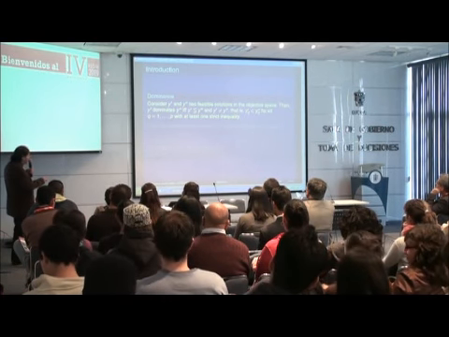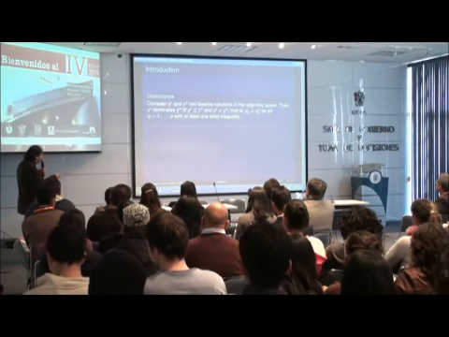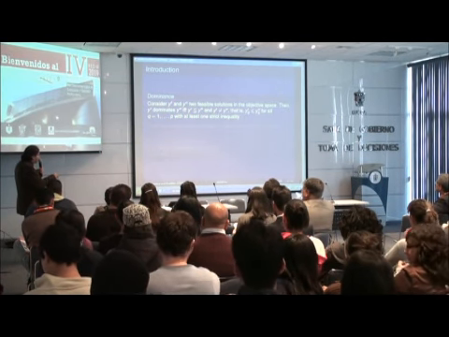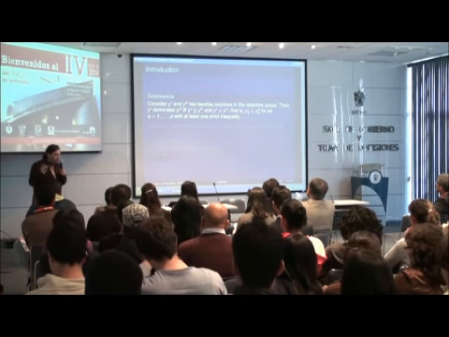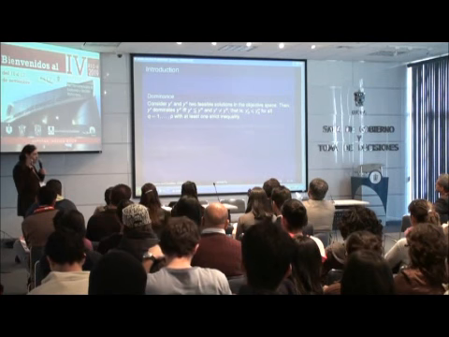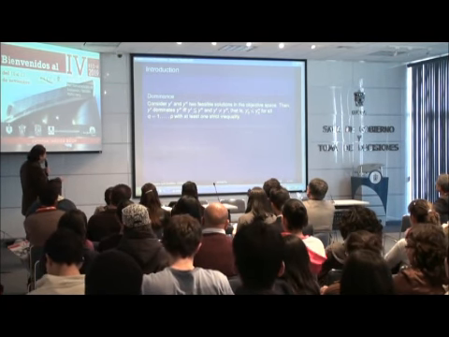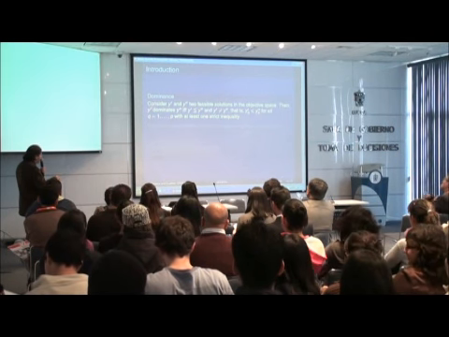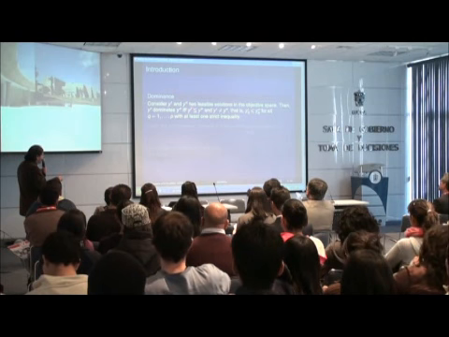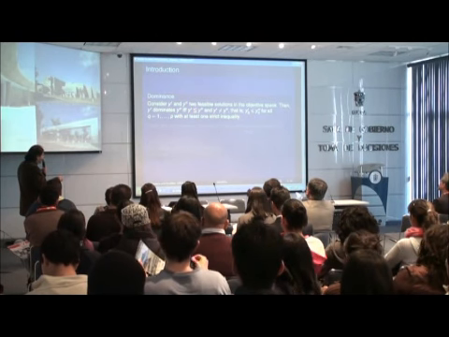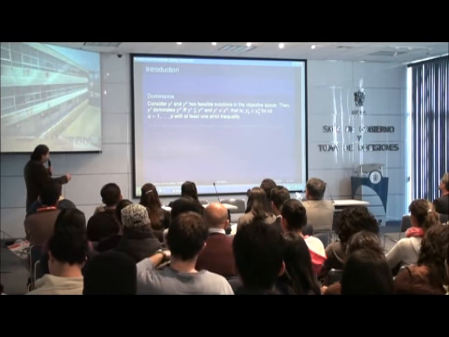Okay, so if we consider two solutions, two vectors, y prime and y double prime, these are feasible solutions in the objective space, and we will see what I mean by objective space and by decision space. Then y prime dominates y double prime if, in terms of vectors, y prime is lower than or equal to y double prime, and they are different.